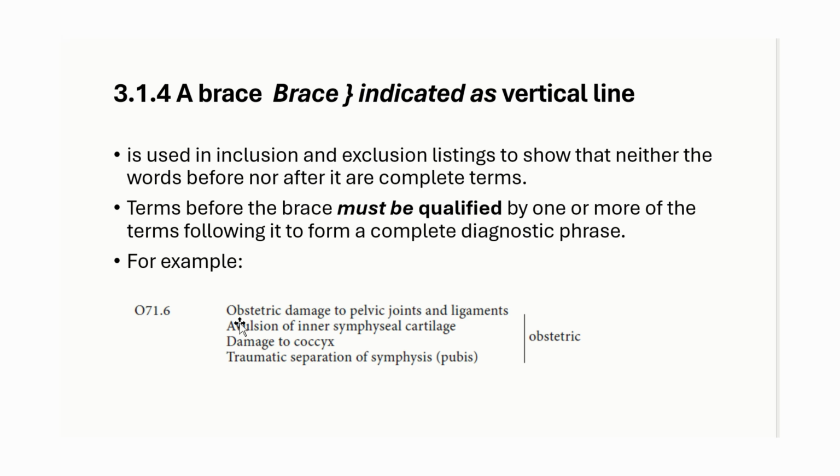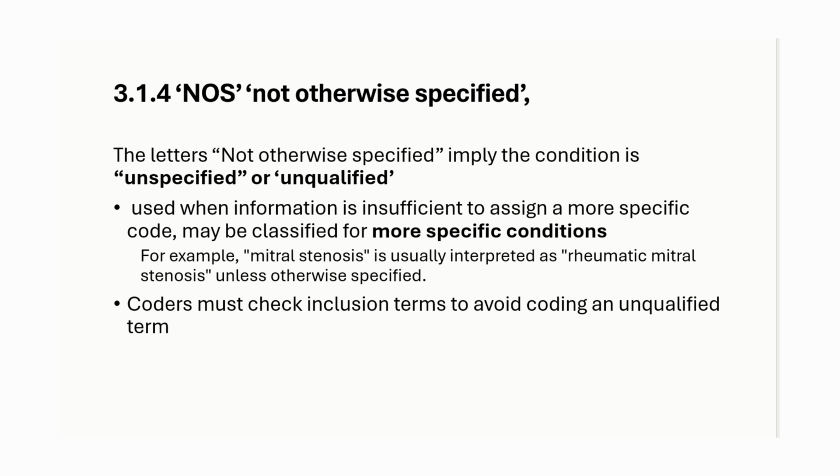For example, in this case, obstetric damage to pelvic joints and damage of the ligament, we must mention the word obstetric. Damage to coccyx, you must mention also the word obstetric.